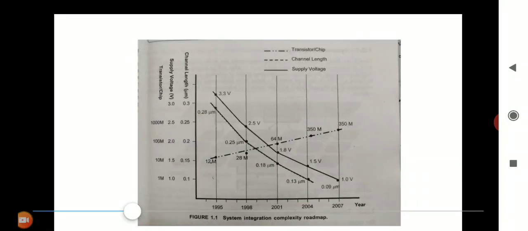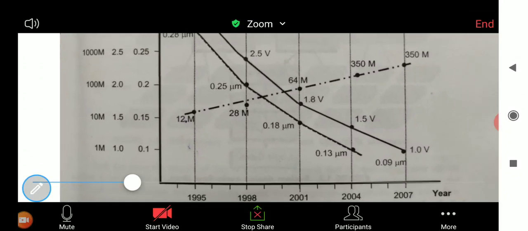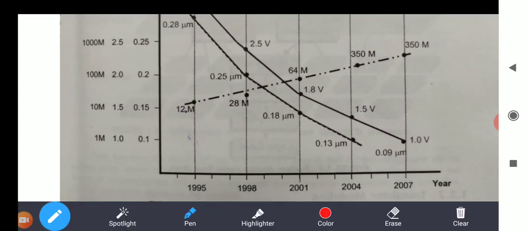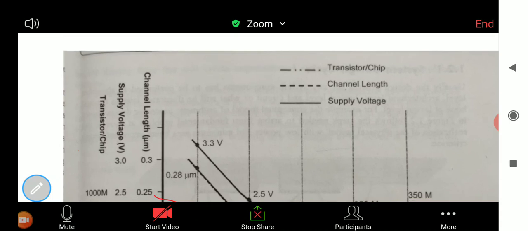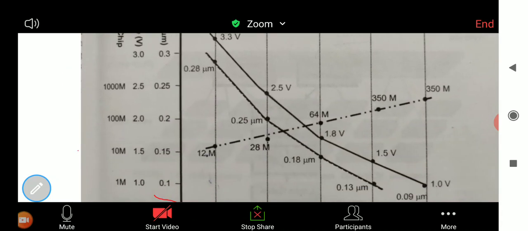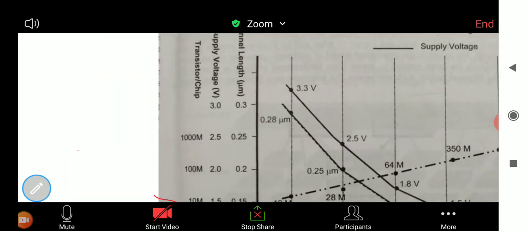Now, if you see your graph, here we have three graphs. The first one is here.